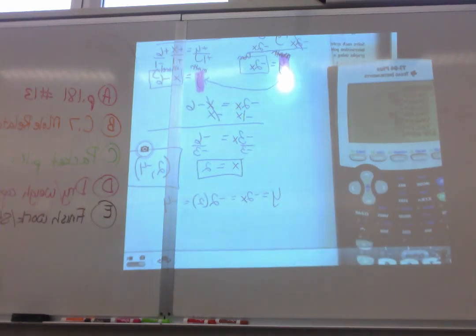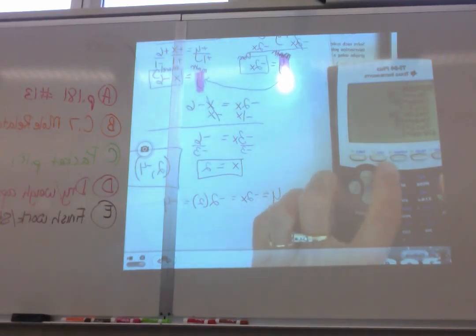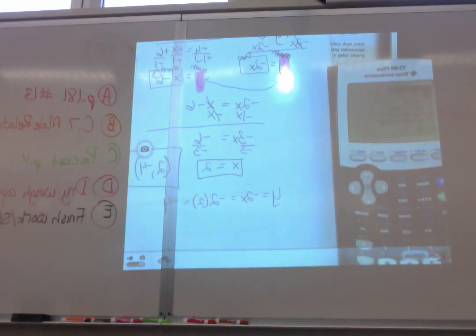That's a good scale for most things that we think are going to crisscross near the middle. So now we're going to go intersect. We go second calc. Intersect is number 5.